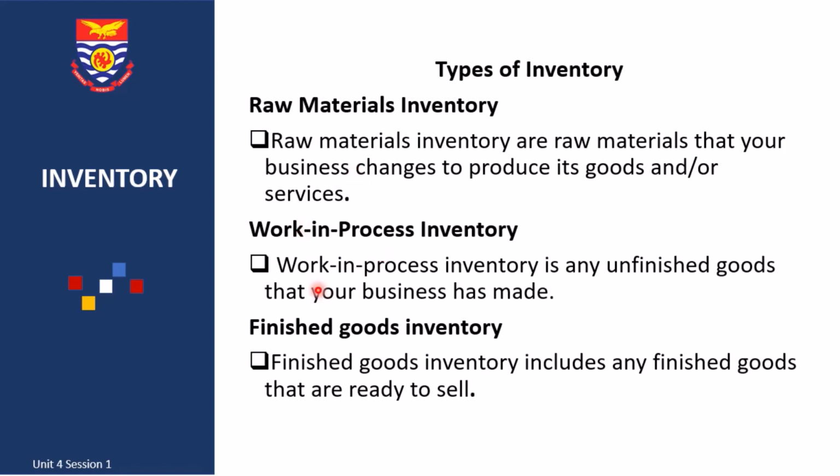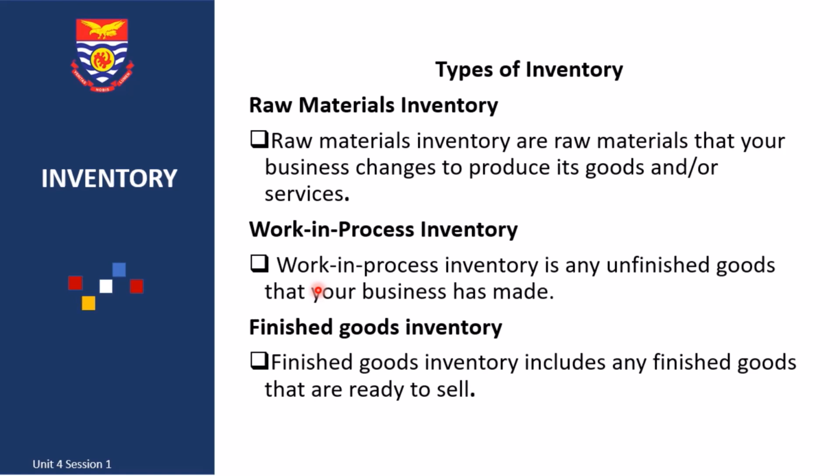Then we come to work in process inventory. Manufacturing firms don't begin with the conversion of raw materials and immediately come up with a finished product. They usually have items that can be found along their manufacturing line, which may not necessarily be raw materials, neither would they necessarily be finished products.